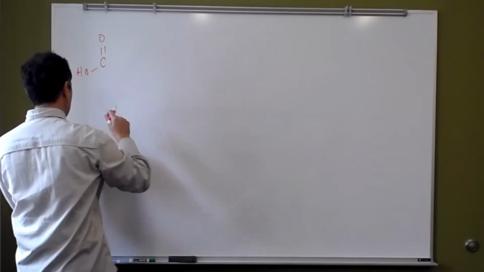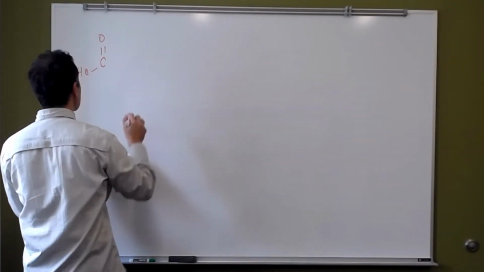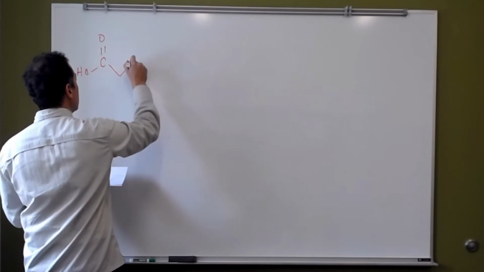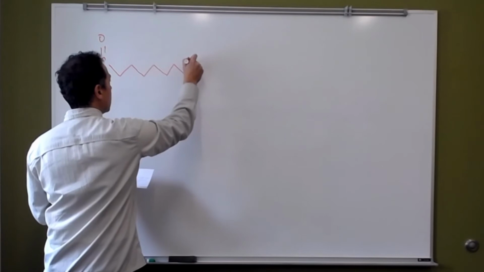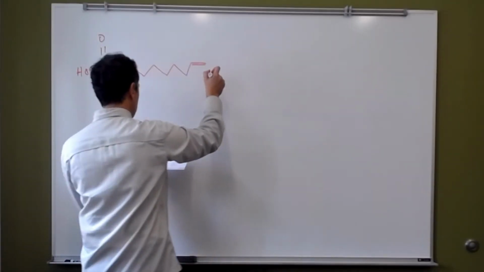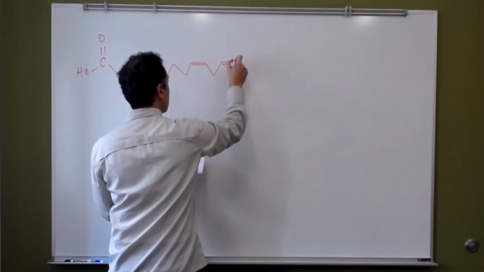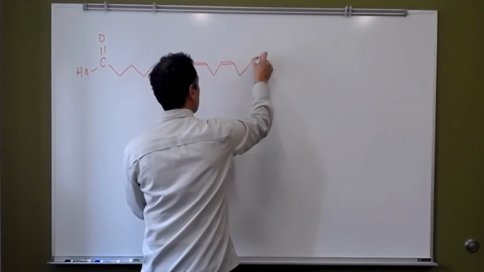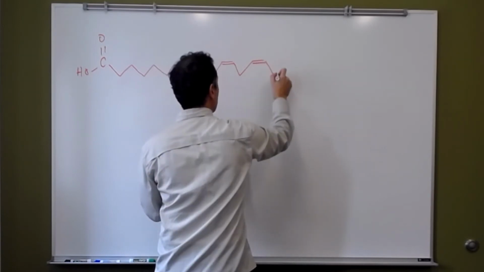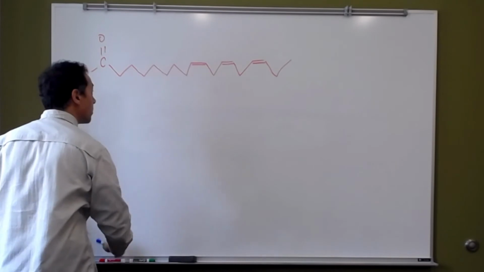And I'm going to go 1, 2, 3, 4, 5, 6, 7, 8, 9. Okay, so 2, 3, 4, 5, 6, 7, 8, 9, double bond. Okay, 10, 11, 12, double bond. 13, 14, 15, double bond, like this, okay? And I'm going to put in some numbers here like this.